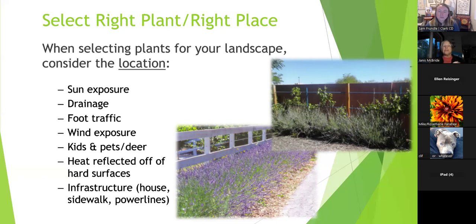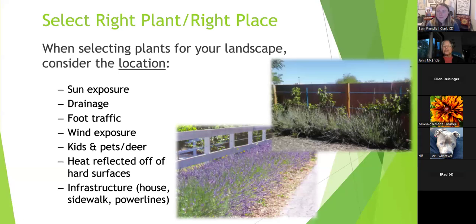Do you have pets or do you have deer? So you want to maybe choose some varieties that deer don't like as much. Is there heat that's going to reflect off of hard surfaces? And then what about the infrastructure? Do you have a sidewalk next to it? Power lines? Please don't plant trees under power lines. I see that all the time, and it's pretty funny.